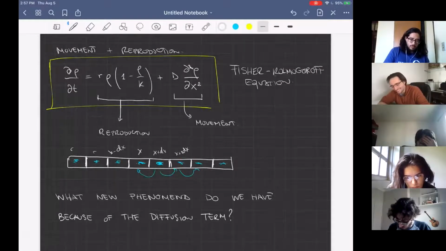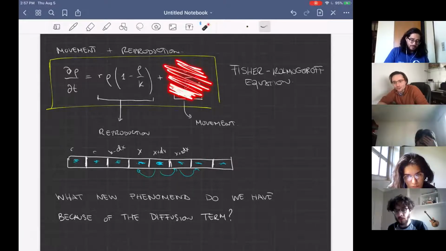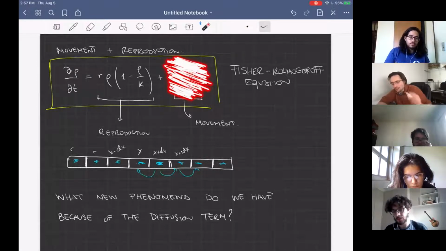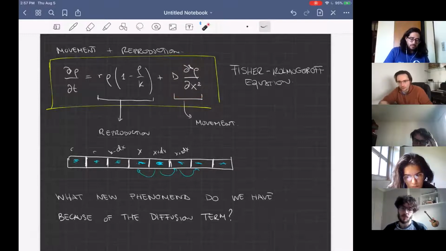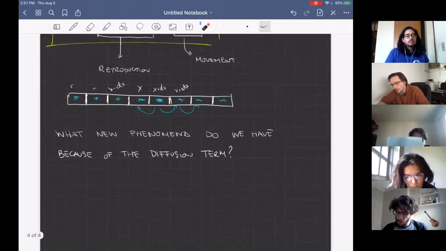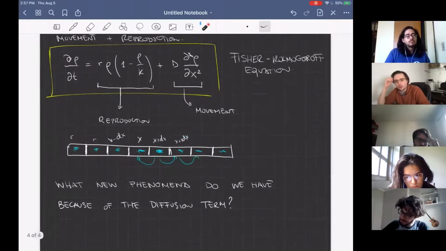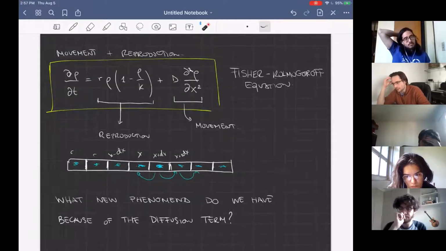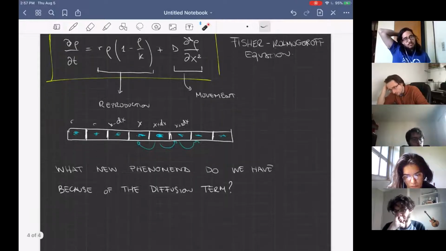If we take d equal to 0, we already know the whole story about this model. Now the question is, what happens if d is different from 0? And what would be the first thing that you would do with this equation if you want to start analyzing it? We already saw it.